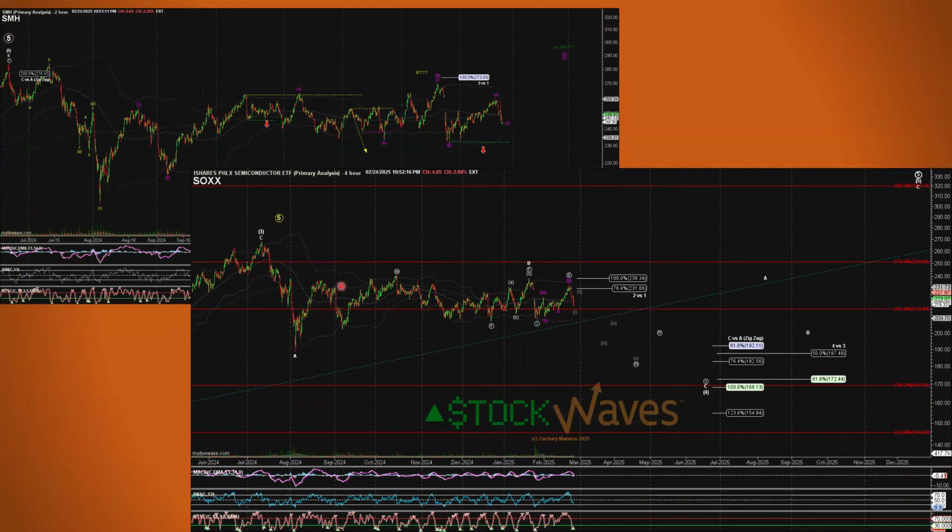We actually have an active short wave setup on SOXX while we've been looking for those long plays in NVIDIA and in TSM and AVGO. And a lot of our members have been able to use the various leverage instruments or just options on these to trade them accordingly, because we have been continuing to fill out the potential for holding a corrective retrace for a setup for a new high in the SMH names, as well as the possible start to the third of a C wave in SOXX.